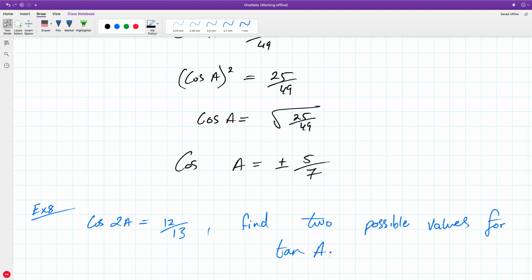Do I do it the tan way? Something different? Well, I'll do it the tan way, so 1 minus tan squared A over 1 plus tan squared A. You can do it either way, either formula will get it out of the way. That's slightly two different methods.